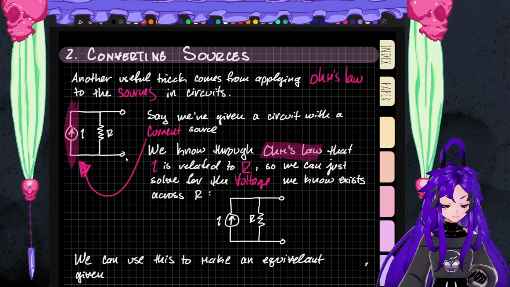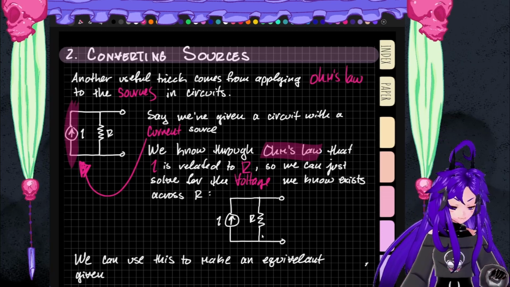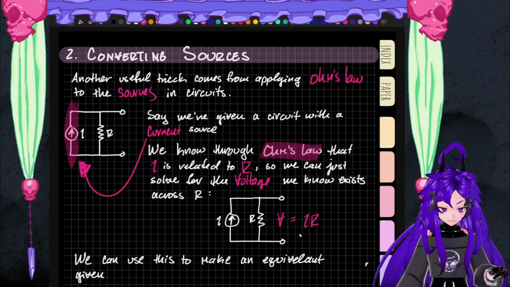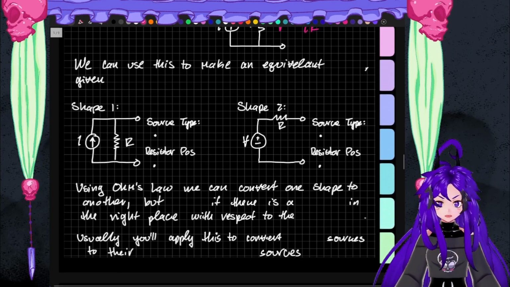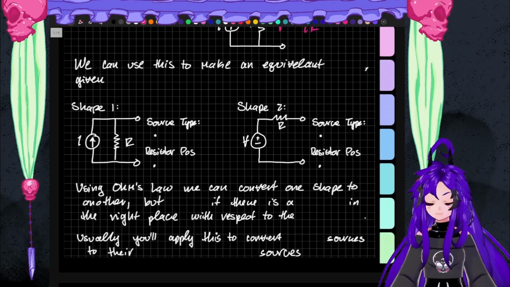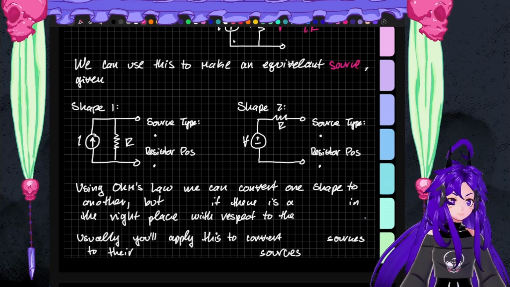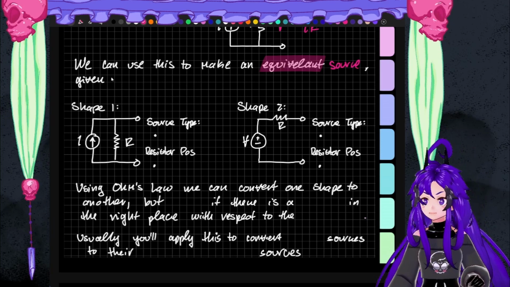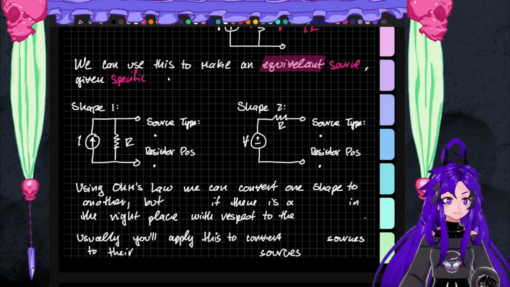Current source. So we can just solve for it. The voltage across this resistor is gonna be IR, right? We can just use that, okay? We can use that to make an equivalent source. An equivalent source. That's the important one there. But it has to be with a specific circuit shape.